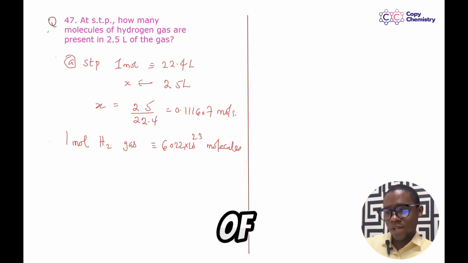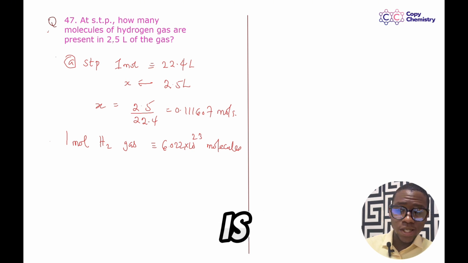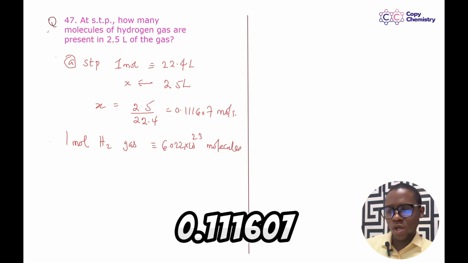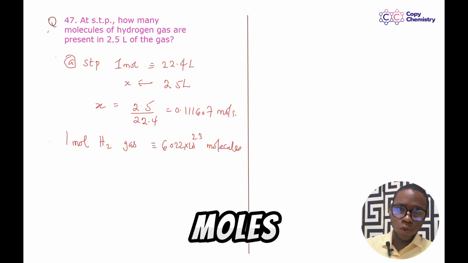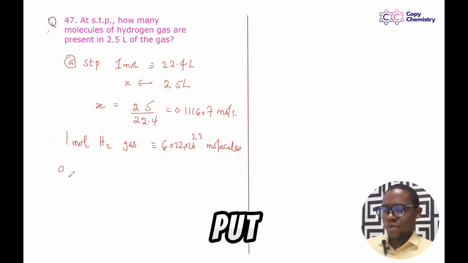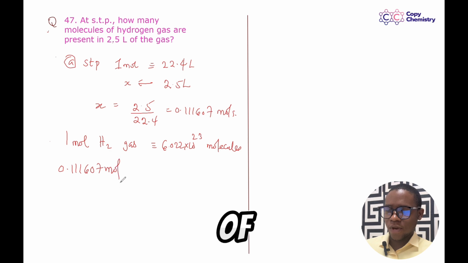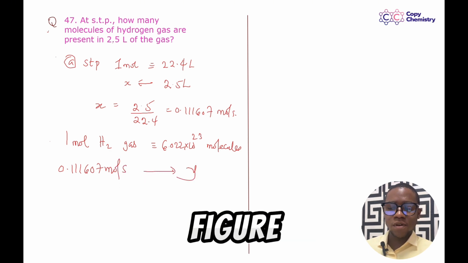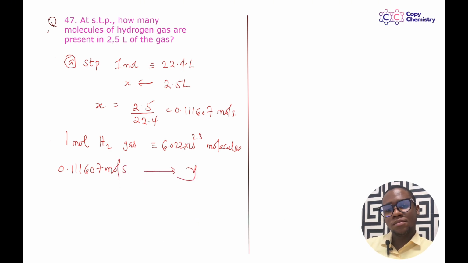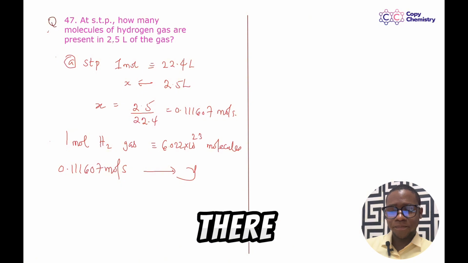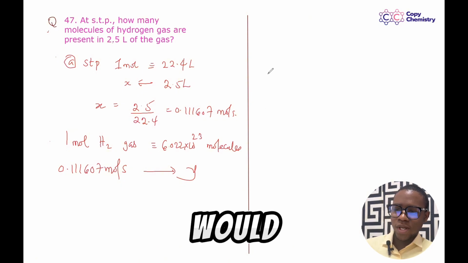How many molecules of hydrogen gas would now be present in 2.5 liters, which is 0.111607 moles? So you put 0.111607 moles here of hydrogen gas and try to figure out the number of molecules there. So what would that be?